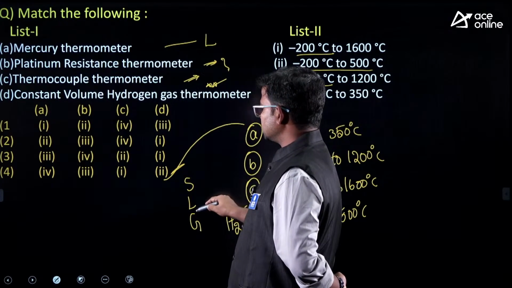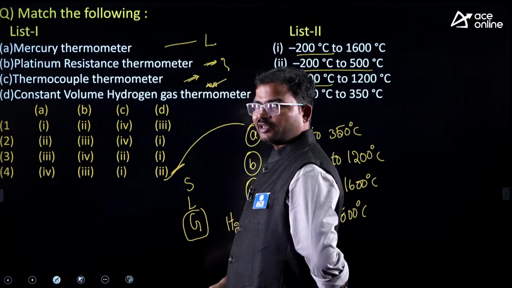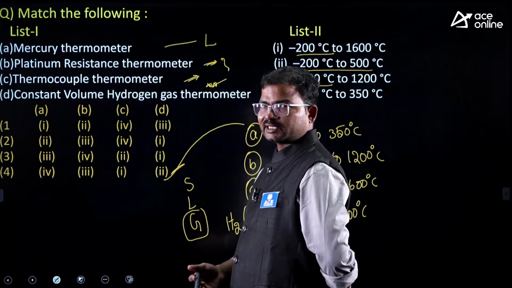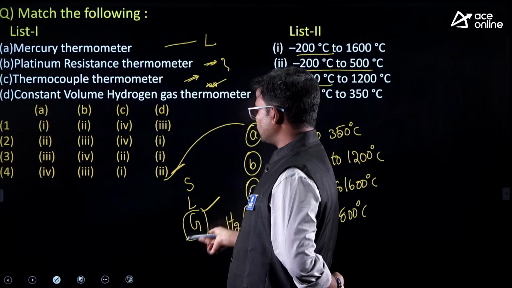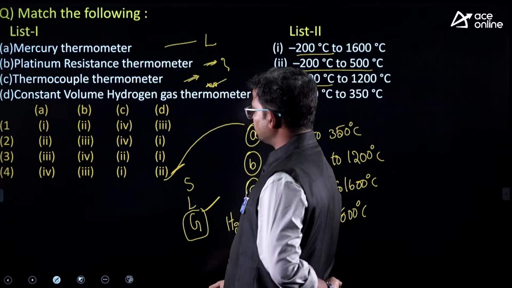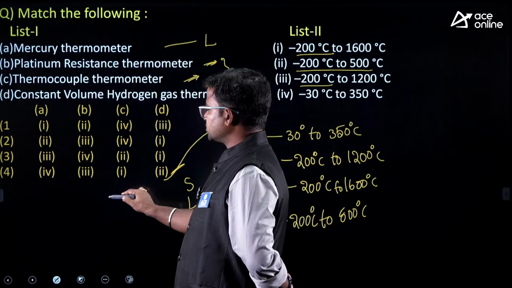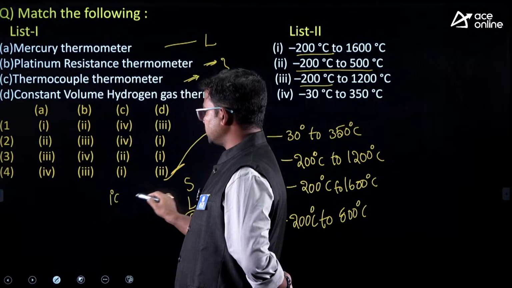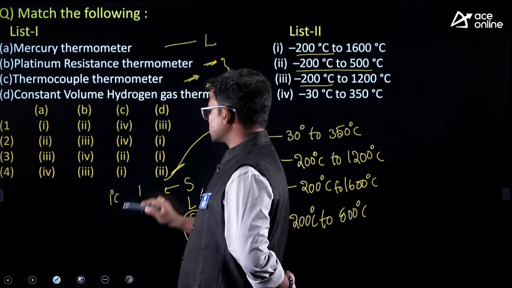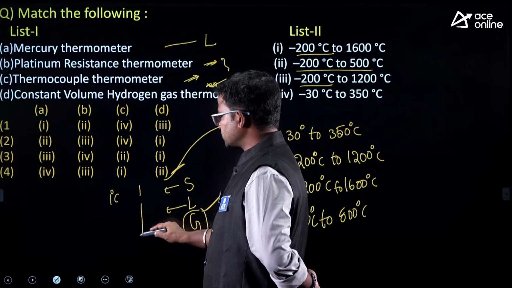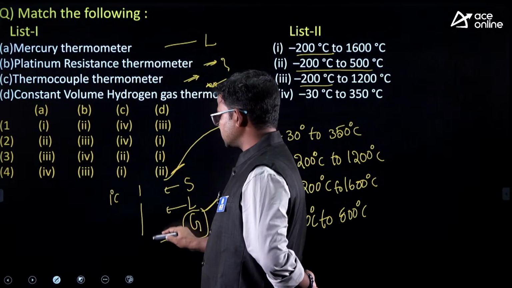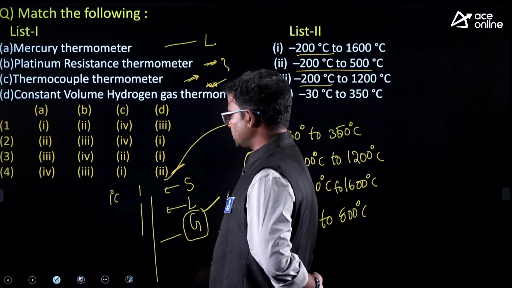In these three, even smaller variation can be analyzed using gaseous thermometers. Why? Suppose you consider a 1 degree rise of temperature. In solids, the expansion would be small. In liquids, the expansion would be larger. In gases, the expansion would be largest.